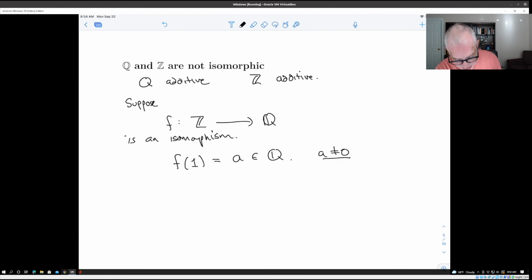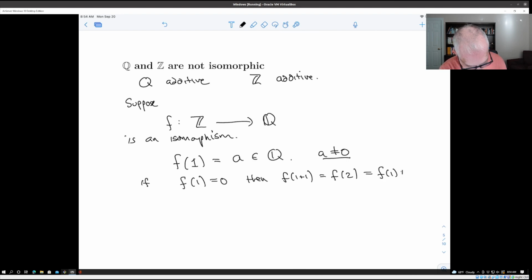Well, if a were 0, then f of 1 plus 1, which is f of 2, also equals f of 1 plus f of 1, which would be 0 plus 0, which would be 0, and so also f of 2 equals 0.